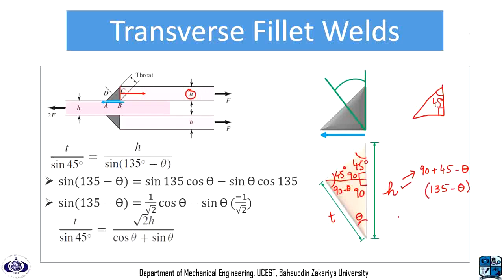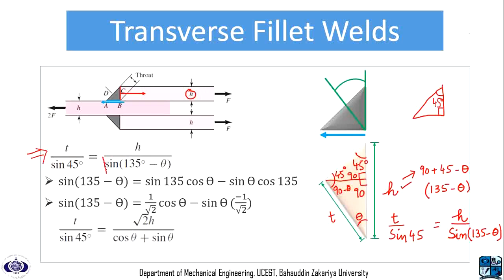So using sine law, we can say that T over sine 45 is equal to H over sine of 135 minus theta, as can be seen here.